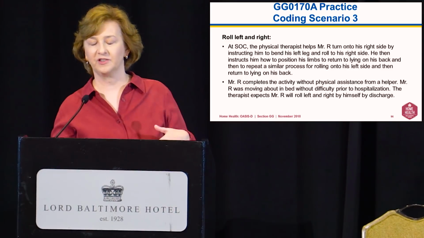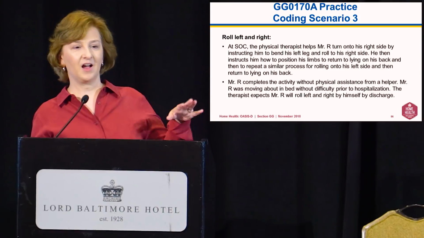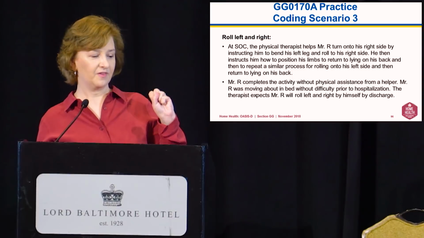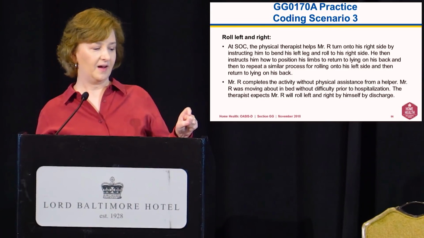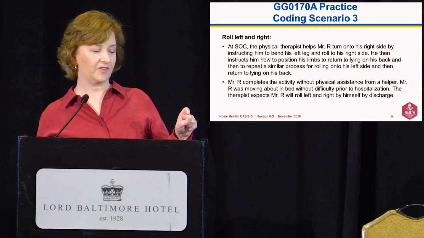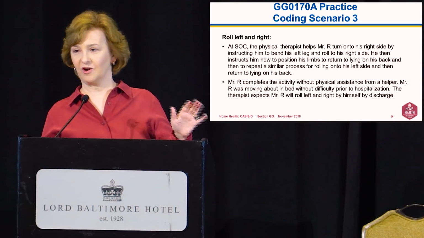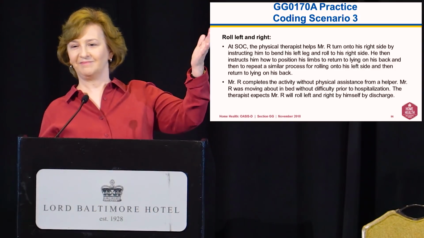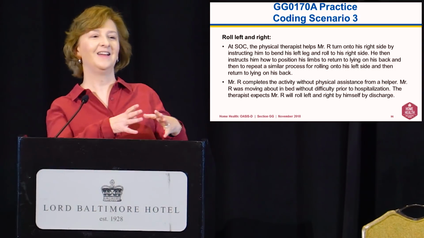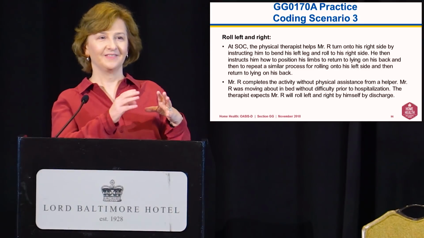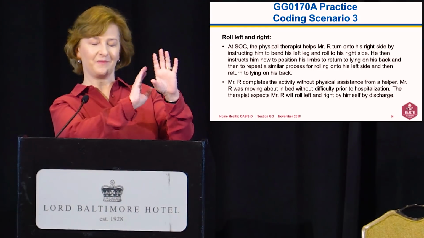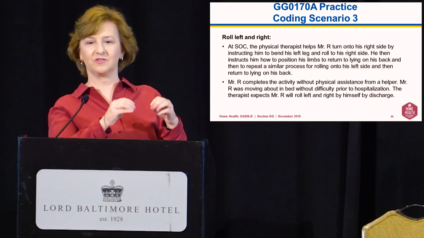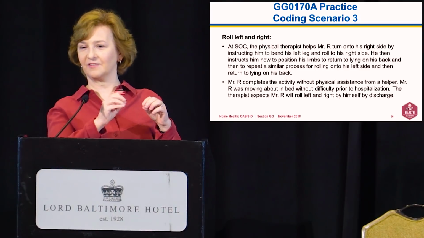So let's walk through the decision tree in terms of the SOC performance score. Regarding the assistance from the helper, in this case the physical therapist, is providing instructions, so that's verbal. So the first question is, is a helper needed? And the answer basically is yes. I'm sorry, the first question is whether the person did it by themselves. The answer is no, the helper was needed. Then we would ask, does the person just need setup or cleanup assistance from one helper?